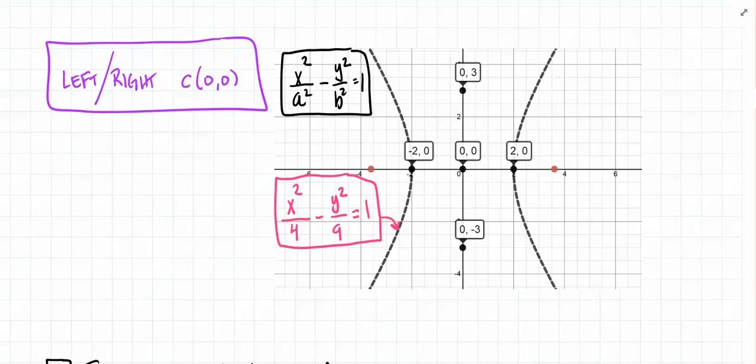Okay, this is the other direction for the hyperbola. This is going to be a left-right hyperbola. So check this out. My center is at 0, 0. And because this is going to be a left-right hyperbola, it's going to open along the x-axis. So I now know that the A value has to be underneath the x.